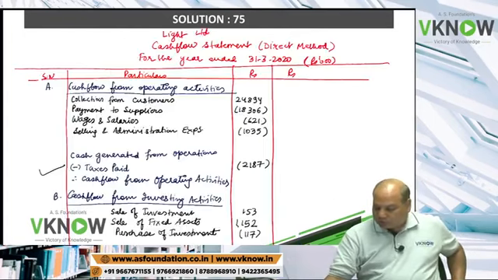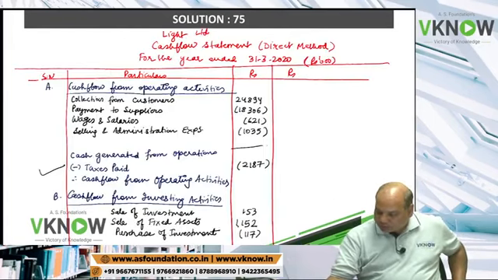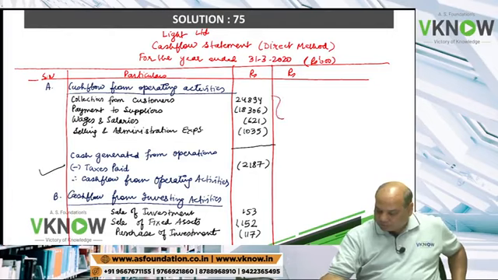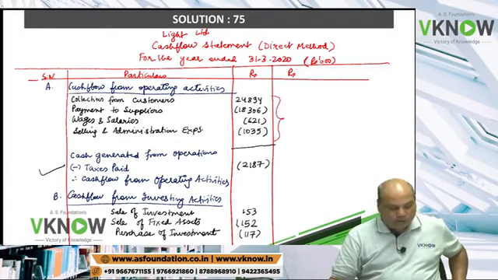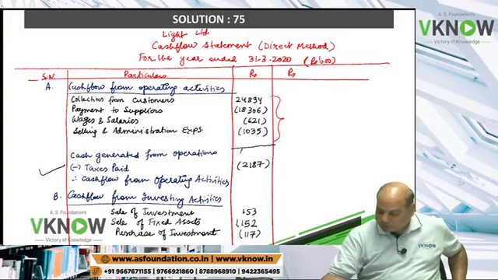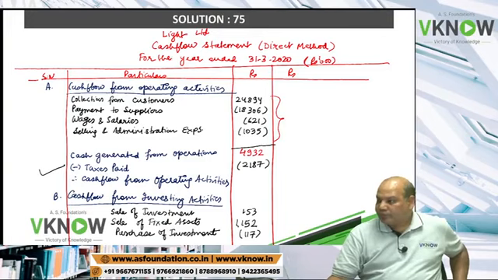Now we'll start taking totals. Cash generated from operation: the total of these four items will give you cash generated from operation. Check the total, 4932.